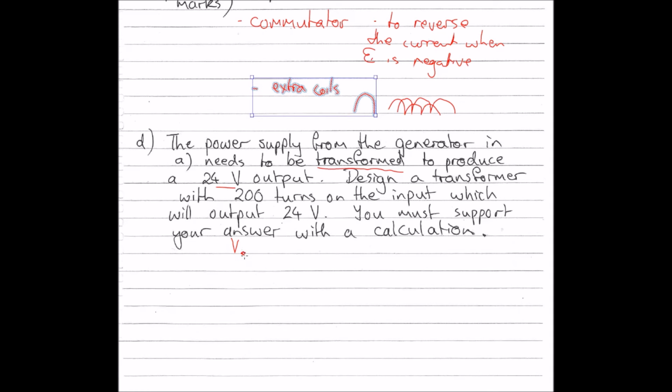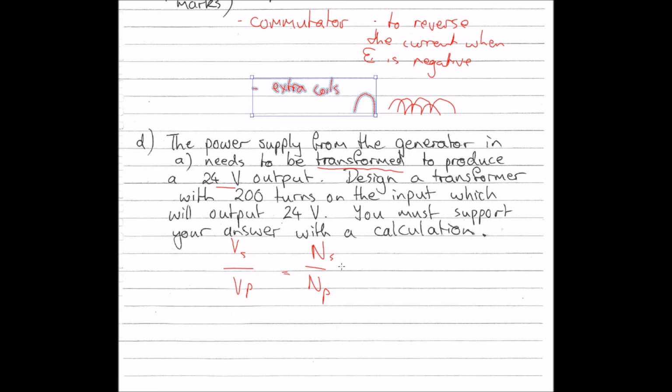So it's just Vs over Vp equals Ns over Np. Now we know Vs and we know Vp because this is in the question. This is your previous answer. You're told one of the number of coils, so number of turns, so you've got to find the other one.